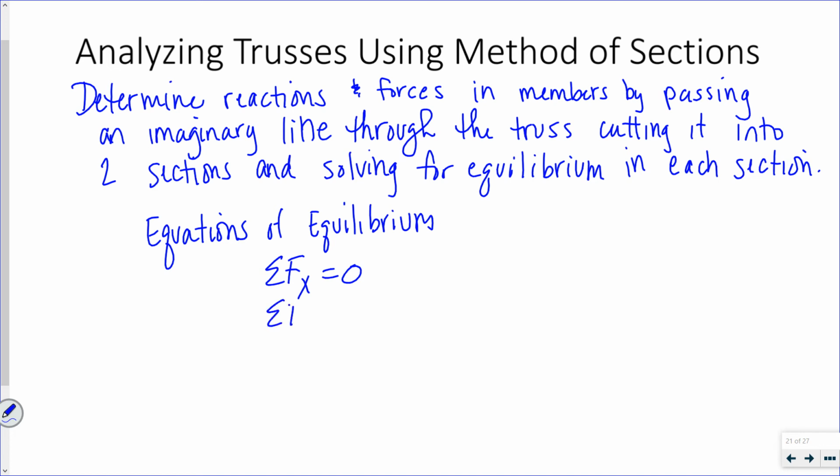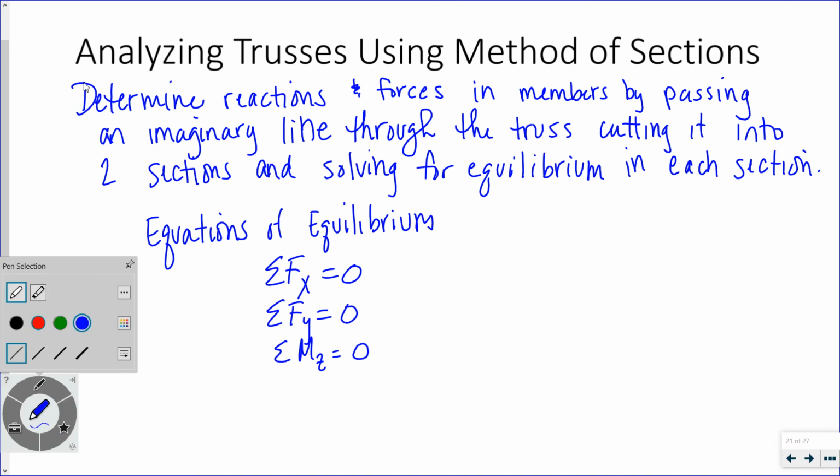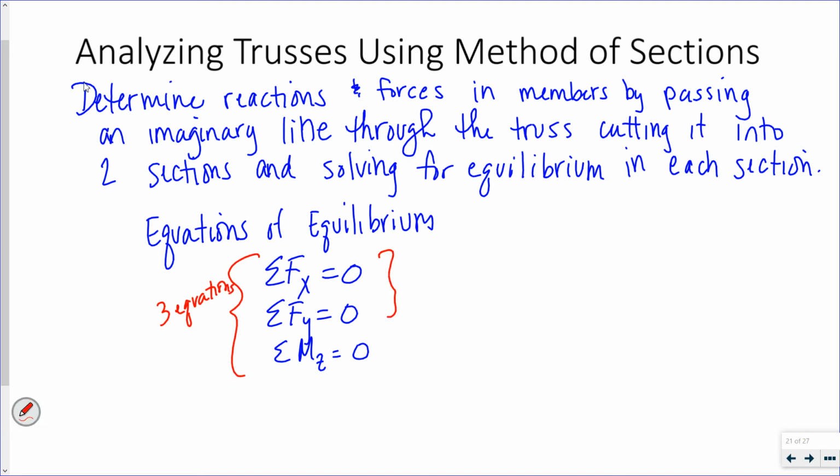Sum of the forces in the x, sum of the forces in the y. I also get to solve for the moments, right? So this is 3 equations. Previously, I only had 2 for the method of joints.